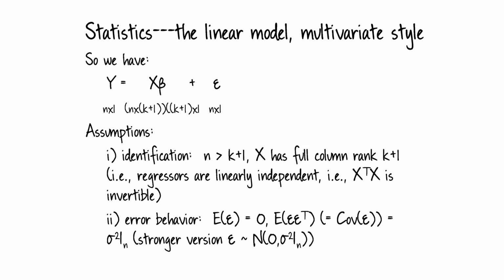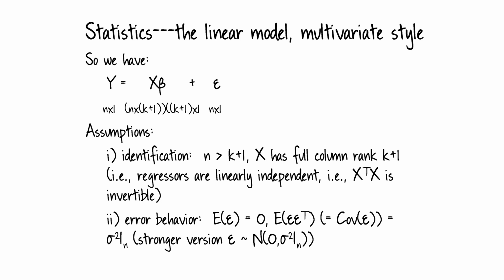In the multivariate linear model, in order to have identification, in order to be able to estimate our model, we have to have n greater than k plus 1. That just means we have to have more observations than we have explanatory variables, plus 1.